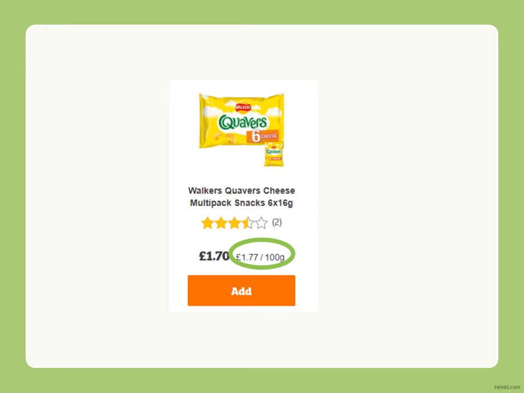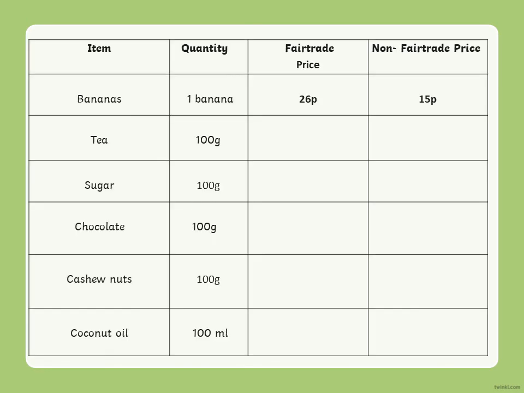So just have a look at the per 100 grams price. Right, I've recorded the prices of the bananas. First of all, the one banana at the Fairtrade price, and then one banana at the non-Fairtrade price. So you can fill in this table now with the prices that you find.